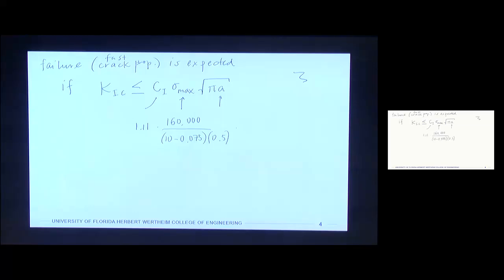And then square root of pi times 0.075. All right, so what do we come up with? And let me just write down the K1C, which was 33,800 PSI square root inches. So I didn't actually do this math, but if anybody gets the answer, let me know.